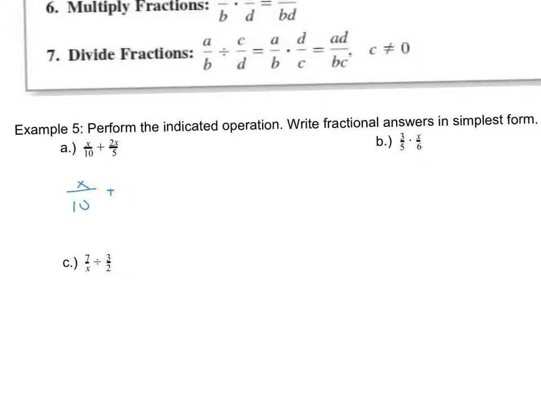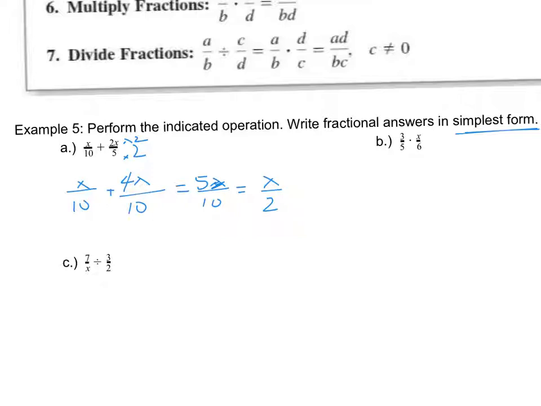However, my second fraction needs to be multiplied times 2 in both the numerator and the denominator. So 2x times 2 is 4x, 5 times 2 is 10. Once I do this, my denominator stays, and I add my numerators. X plus 4x is 5x. And anytime we work with fractions, we should write it in simplest form, and our instructions ask us to. Okay, so both numbers are divisible by 5, so that leaves me as x over 2.